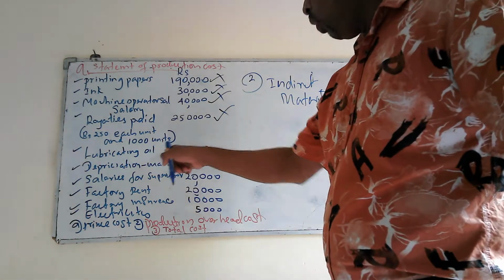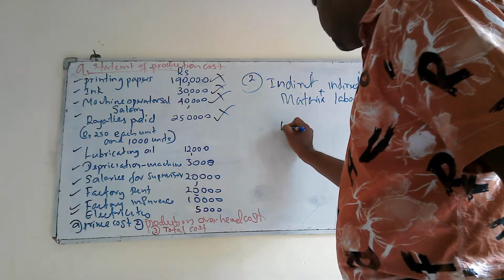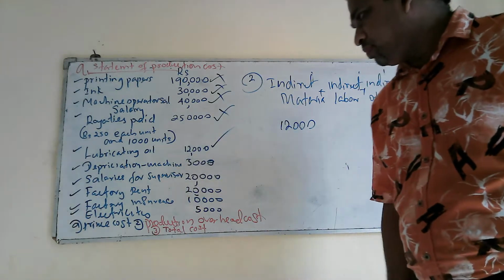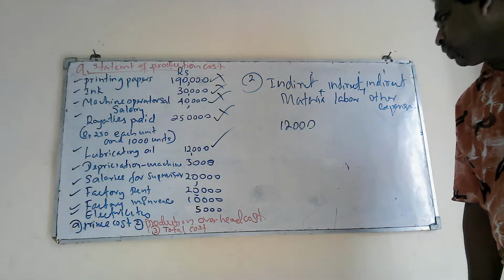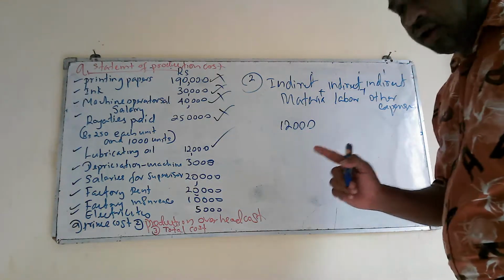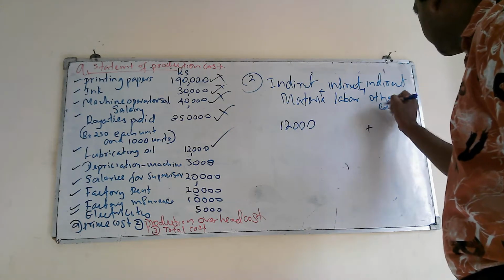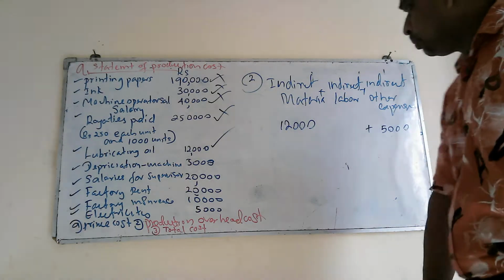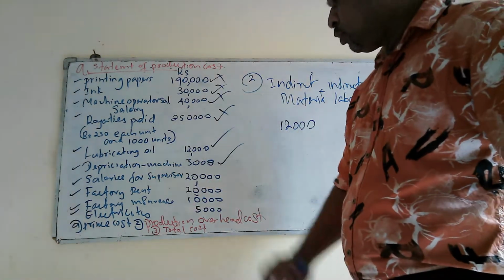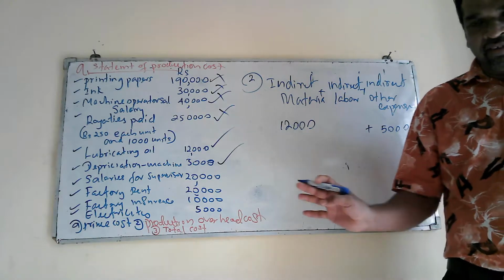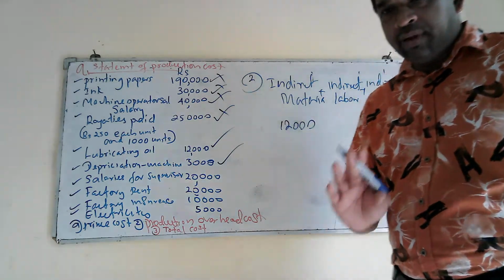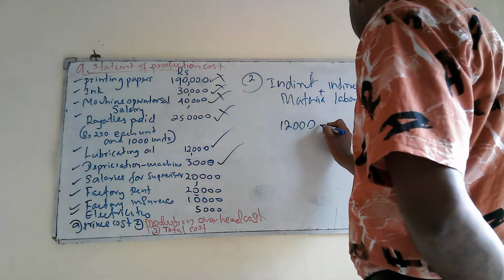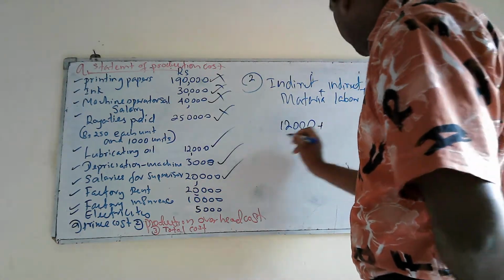If you take lubricating oil, indirect material, that is 12,000. Okay. Depreciation also comes under indirect cost, that is indirect other expenses, 5,000. Right. Salaries for supervisor. Supervisor does not involve in the production process directly. Therefore, the payment made to supervisor comes under indirect labor. That is 20,000.